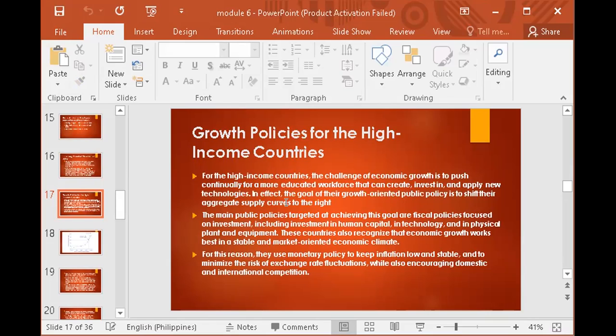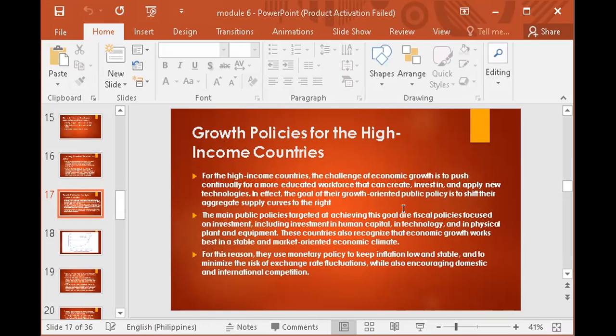So, the other policies, no, yung mga fiscal policies, no? For example, meron tayong monetary, fiscal policies and monetary policies such as expansionary fiscal policy, expansionary monetary policy, na ang focus nun ay to increase investment, what else? Increase production and consumption.